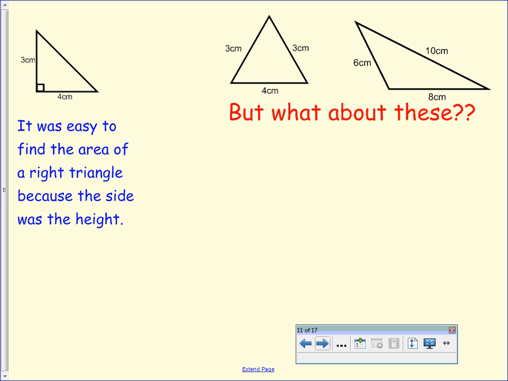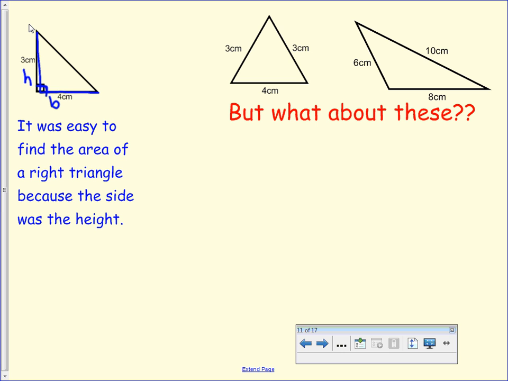The example we just did was nice and easy to find the height because it was a right triangle. If you look at this picture here, we have a right angle. So here is our base, here is our height, because our height forms a right angle with our base. So far, so good? But now look at this middle triangle, this isosceles triangle.